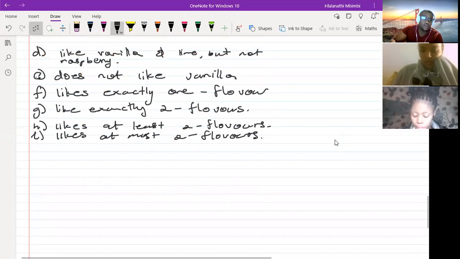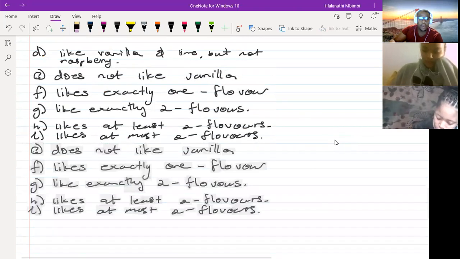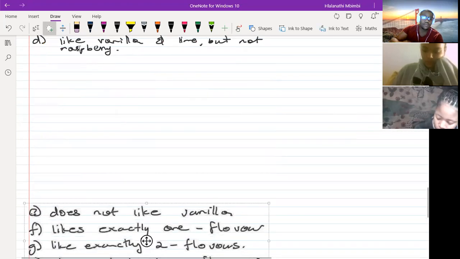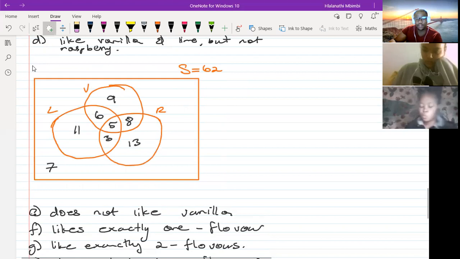So we're now going to look at a different problem, where we're looking at people who like vanilla and lime, but not raspberry.